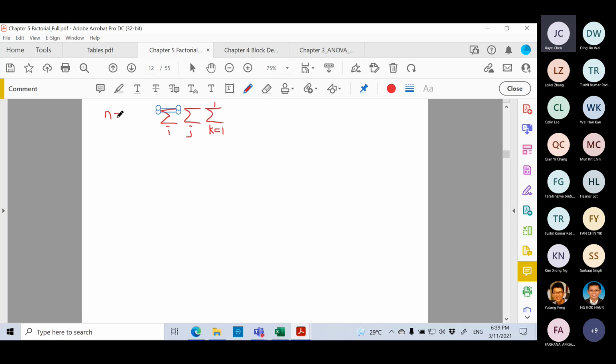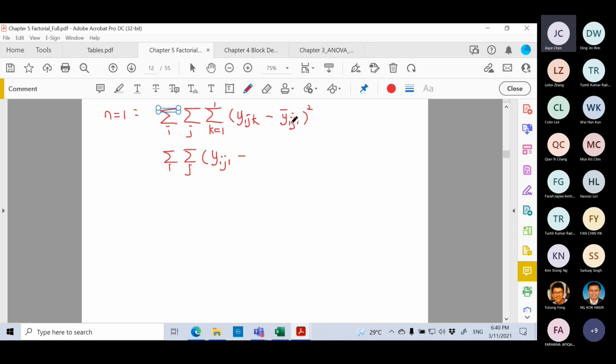For the case of n equal to 1, the last component is y ijk minus the mean y ij dot, squared. So you can write it as a summation over i, a summation over j, where k is only for the y ij, just one observation, minus the mean.